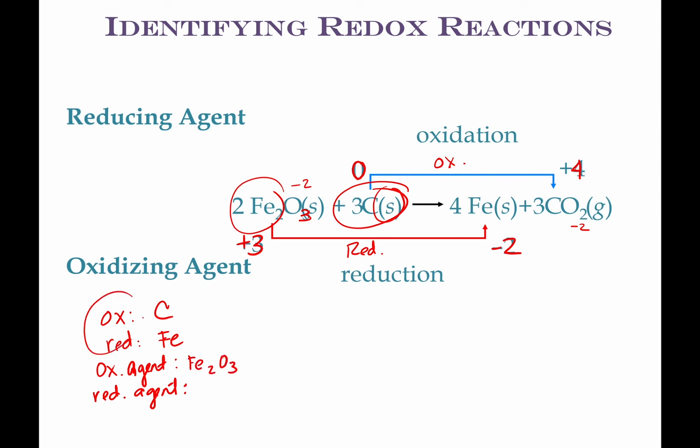So when we're talking about what is oxidized and what is reduced, these should be elements, and these might be elements or compounds, depending. So what was the reducing agent then? The reducing agent contains the element that was oxidized, so in this case it's actually just going to be carbon.